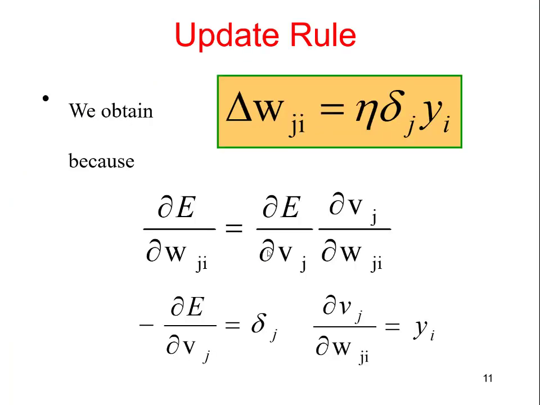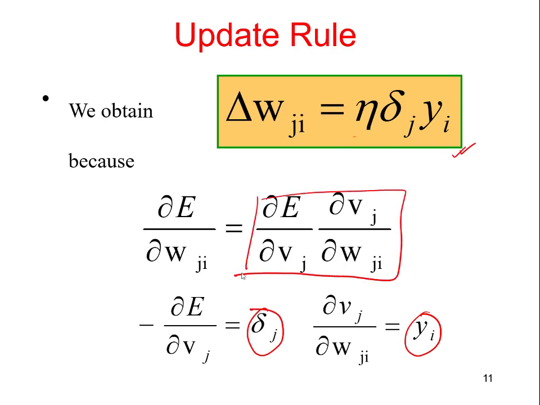So let's consider the update rule and how the equation comes about. Here it is depicted how delta Vj by delta Wji is yi and this is delta J, and we can replace this, and how the chain rule can be defined is explained here with clarity.